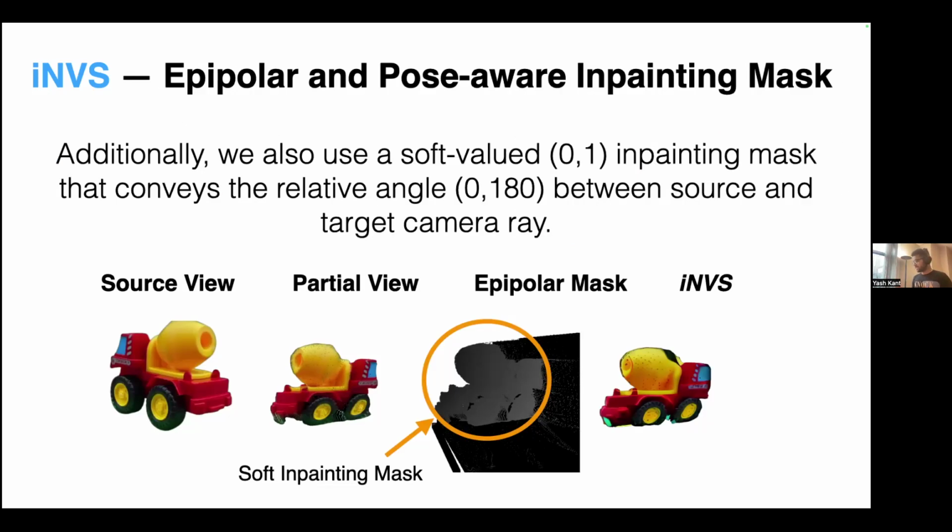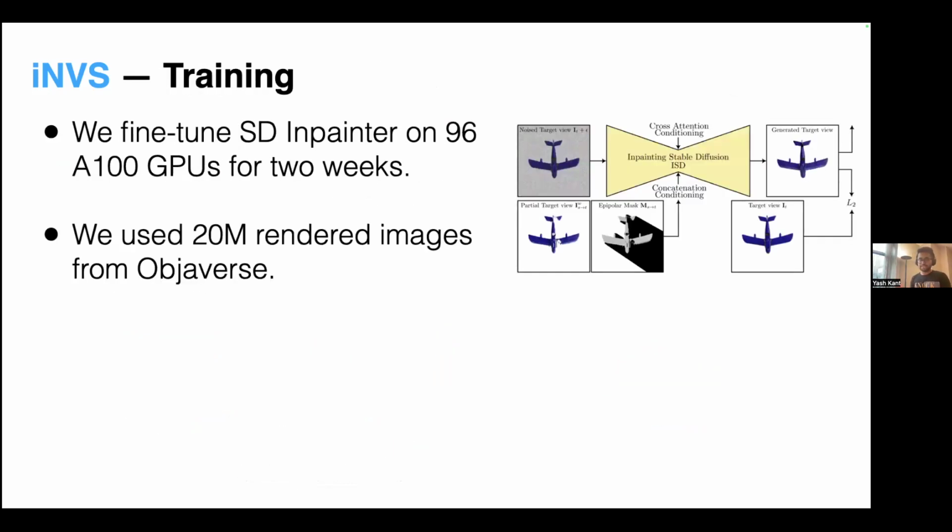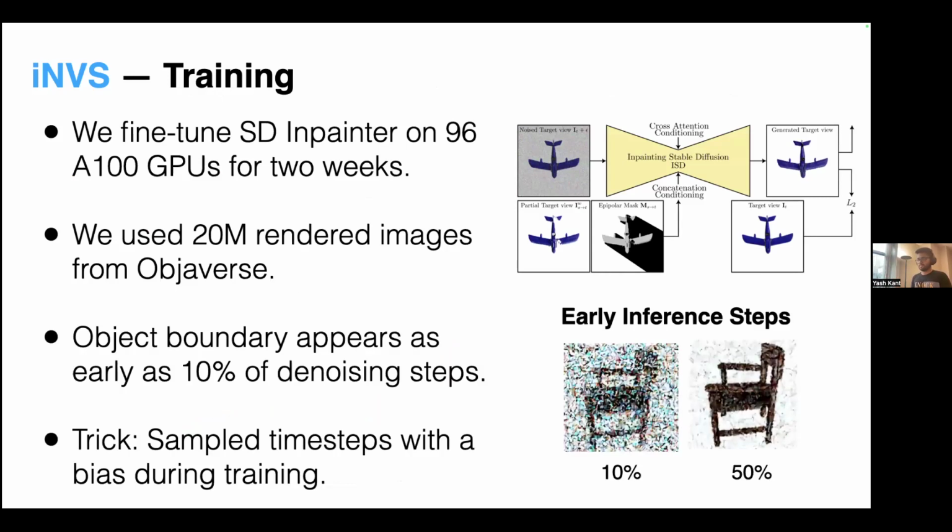So using these tricks and these inpainting masks, we train our network. We fine-tune our Stable Diffusion on 96 A100 GPUs for 2 weeks. We use 20 million Objaverse rendered images for this and fine-tune our network. There are 2 more tricks that we use here.